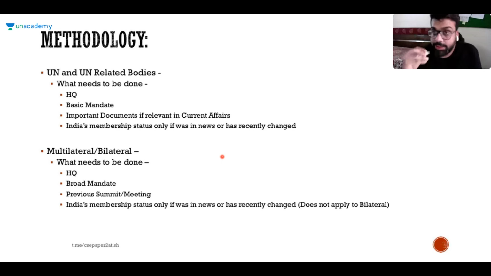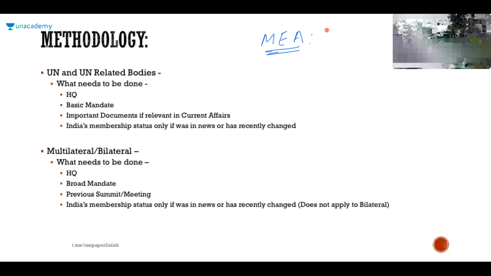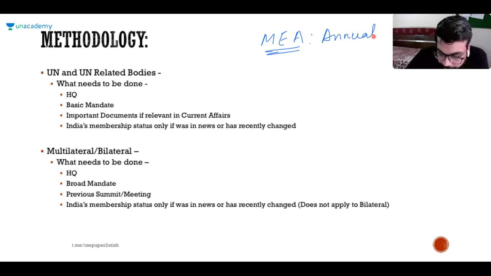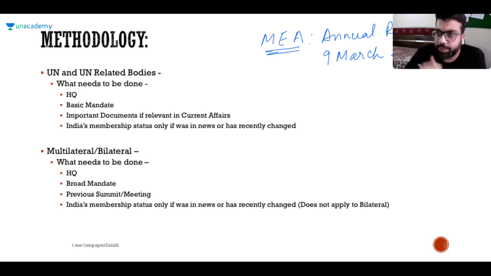So the first thing that I did was, and I'm going to officially release this, I went to MEA's website and I opened their annual report. And lucky for us, the annual report of the Ministry of External Affairs was released as recently as 9th March 2020, just a few days ago.